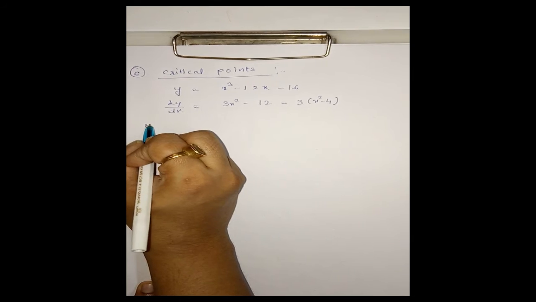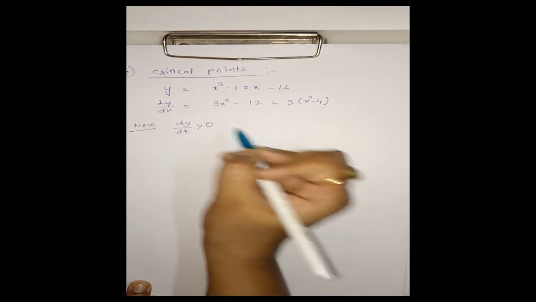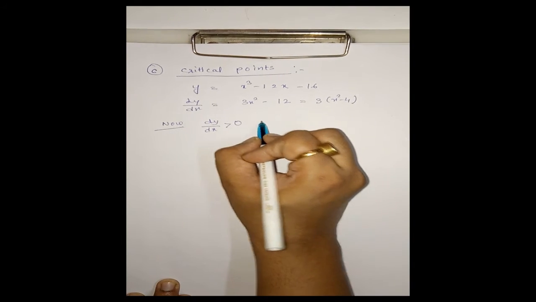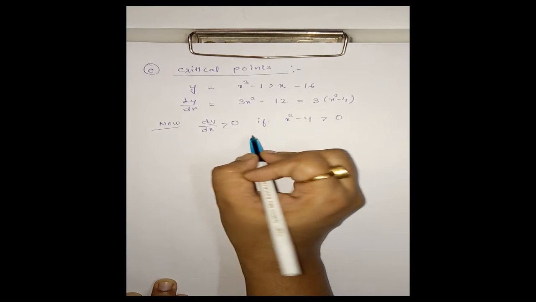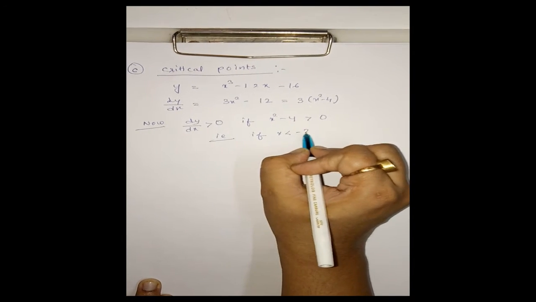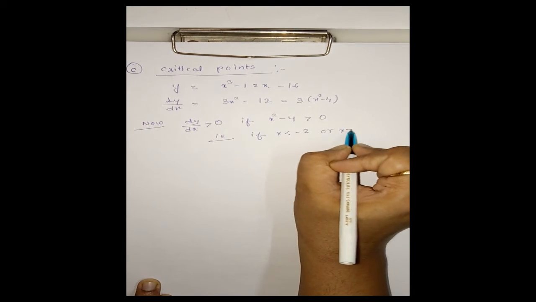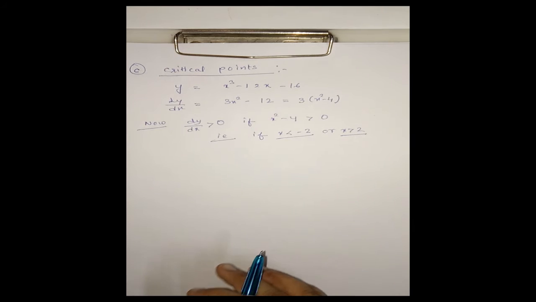Now clearly, dy by dx is positive, meaning the function is increasing, if x square minus 4 is greater than 0. That is, if x is less than minus 2 or x is greater than 2. In both cases, dy by dx is positive.